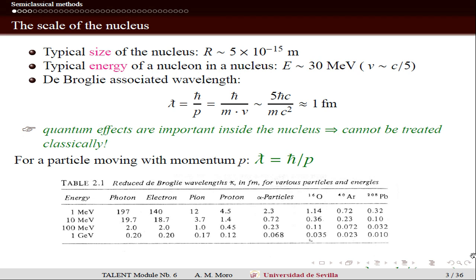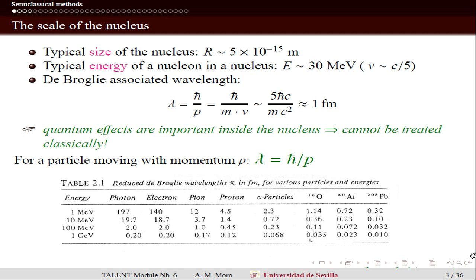You see that, for example, in the case of an oxygen system at 100 MeV, we have something very small, 0.11 Fermi, which compared to the typical distance that this particle will travel in the proximity of the target is small. So we can imagine the wave describing this particle as a small wave packet, and think of these wave packets as following some classical equation of motion.